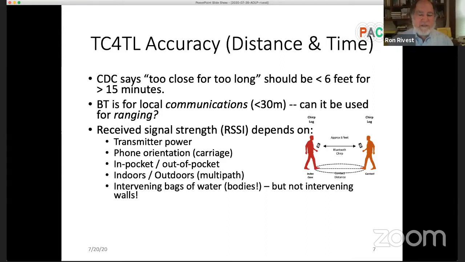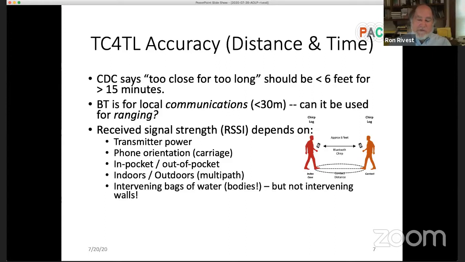This depends, it turns out, on an enormous number of variables, starting with the models of the phone, I suppose, first. Different phones broadcast at different strengths. So the transmitter power is a function of the model of the phone, and also what the transmitter power was set to on that phone. The phone orientation matters. These antennas are not isotropic.